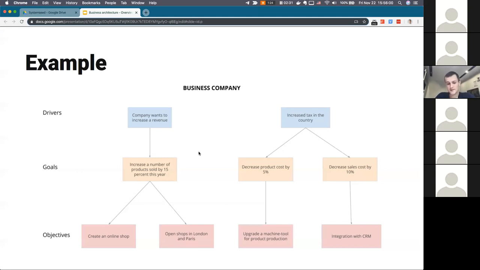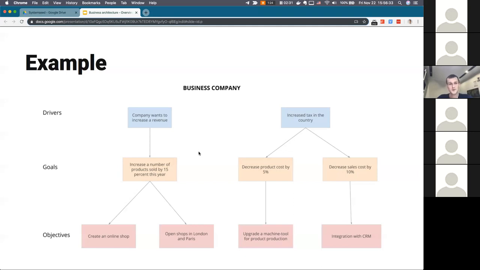Having this business architecture documented helps us to understand why we do our product, and helps us to understand how to keep stakeholders and business satisfied, because we know that they will be satisfied when they achieve their goals.